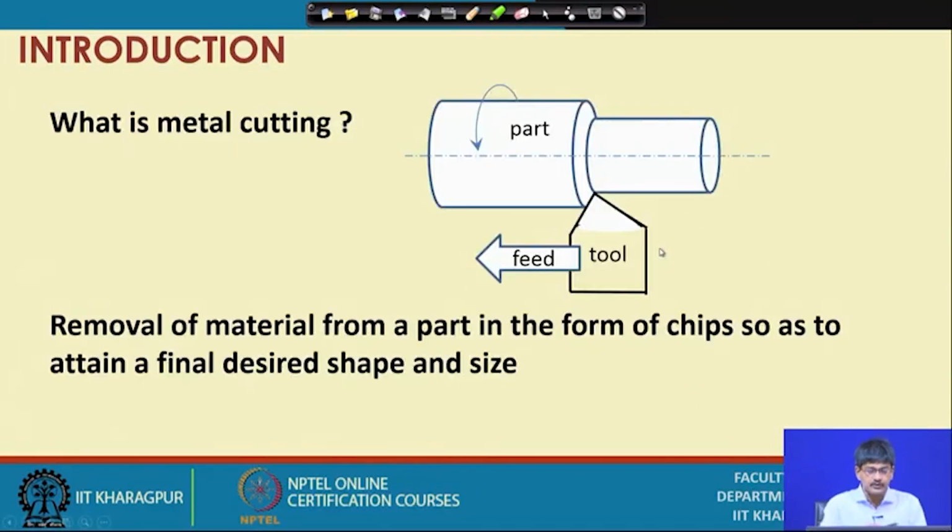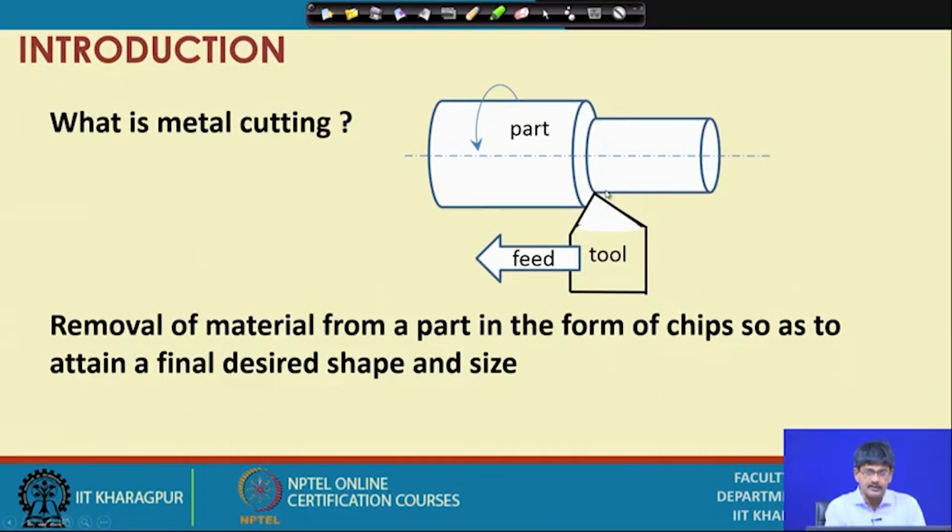So, removal of material from a part in the form of chips, so as to attain a desired shape and size. I want to attain a desired shape and size, and for that I am removing material from the main body, which is called the part or workpiece or job. I am removing part of it so that a particular shape is attained.